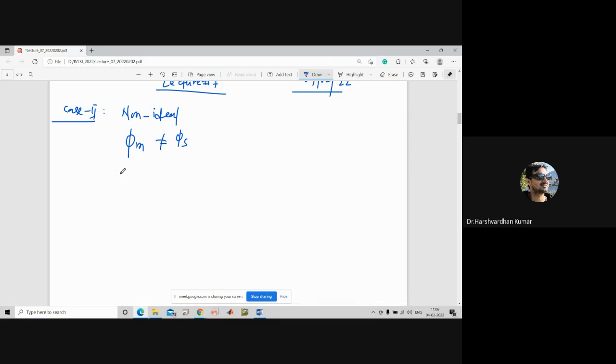So it means that phi m minus phi s is less than 0, where phi m is the work function of the metal and phi s is the work function of the semiconductor. So here we can relate that phi m is less than phi s. It means the work function of the metal is less than the work function of the semiconductor, right?